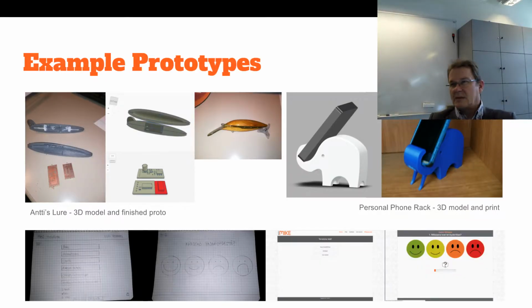Okay, so here I have some prototypes. The first one is my own favorite, Antti's Lure, 3D model and finished photo or prototype. That's part of the fast prototyping. The next one is basically my second prototype of that one.